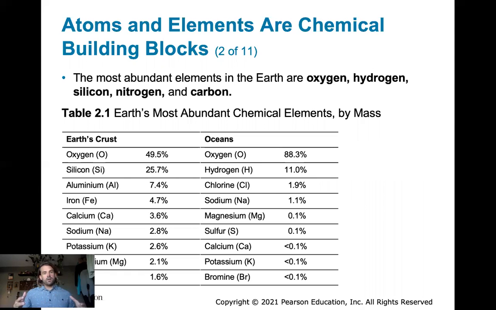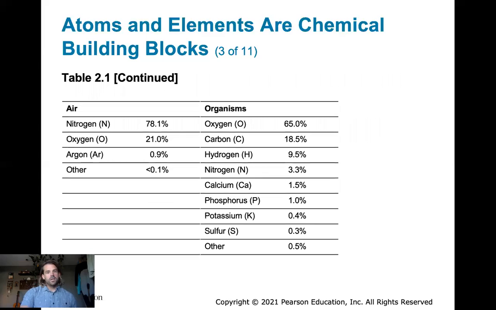For now, I want to talk about the most abundant elements on Earth. So in total, on Earth, oxygen, hydrogen, silicon, nitrogen, and carbon make up the most abundant elements. That's mostly what our Earth is made of. But when you break it down into various parts of the Earth, including the Earth's crust or the oceans, as you can see here, you start getting different ratios of the relative abundance.